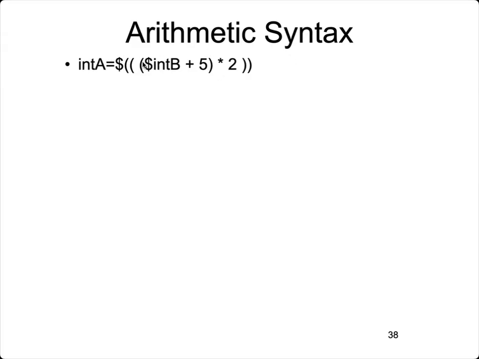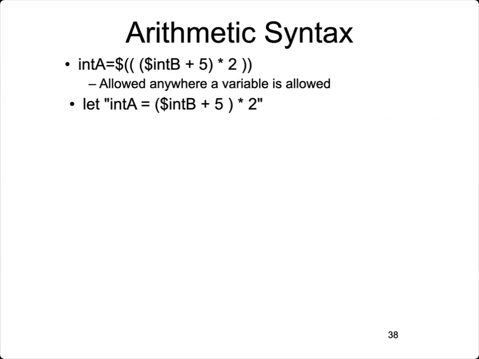Reason I like it is you can use it anywhere a variable is allowed, including in a string. This one here is the let command, which returns a 1 or a 0 based on the calculation.